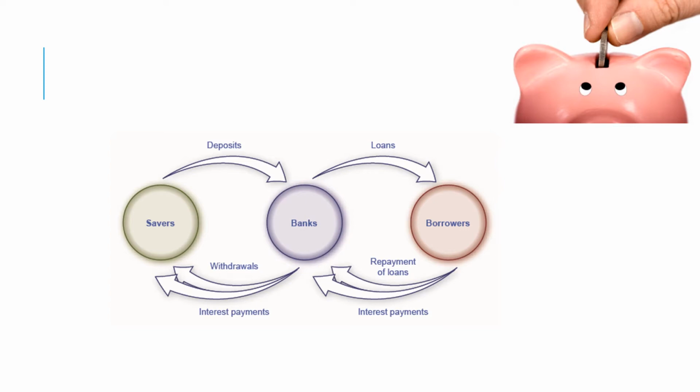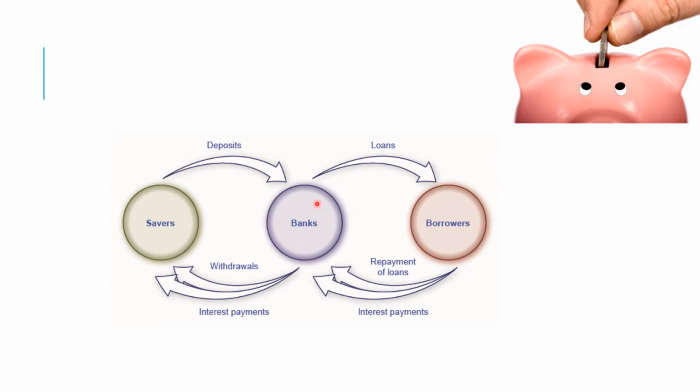So let's start to think about what an interest rate is. If you have savings, then interest rates probably affect you. Interest rates are most commonly associated with banks. The role of a bank is to connect savers, people who want their money to grow, with borrowers, people who want to borrow money to set up a business or spend. Savers will take the money that they've earned and deposit it with a bank.